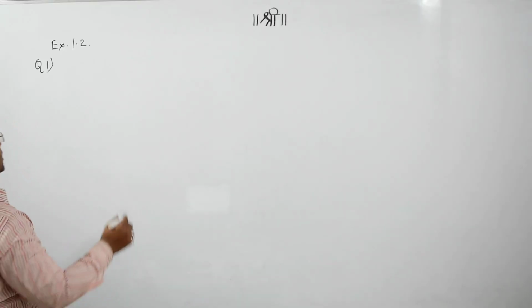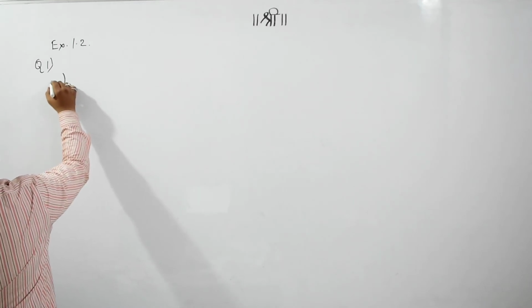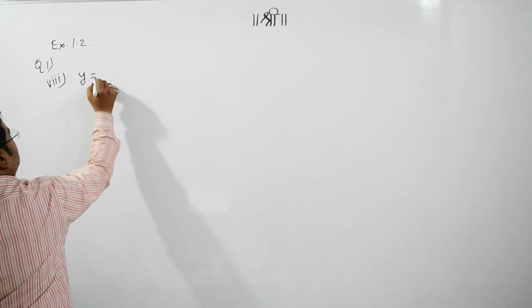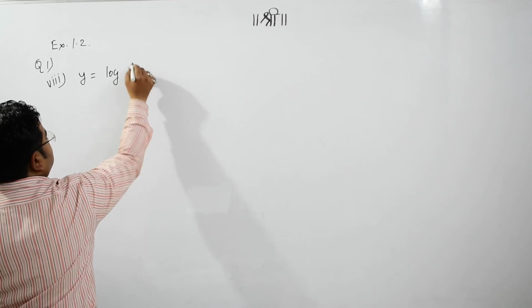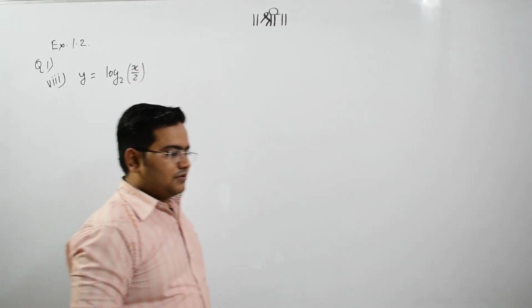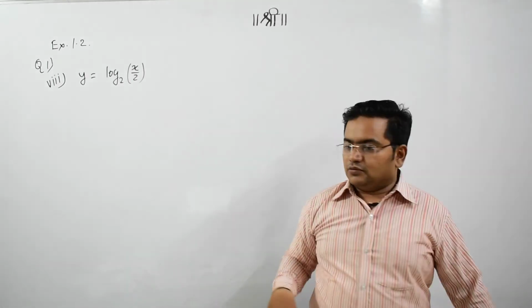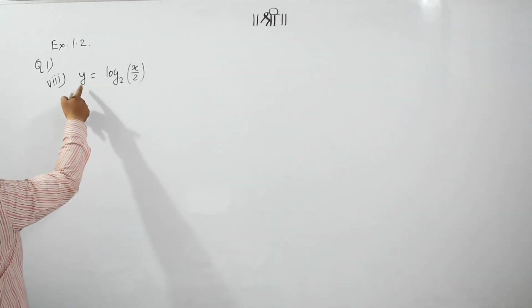I am doing question number 8 because 7th is similar to the initial problem. Now there is nothing to worry about this base 2, but most of the students have this confusion, so I would like to solve this problem differently.